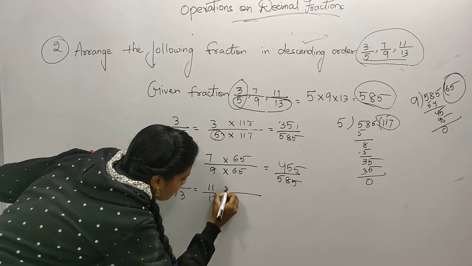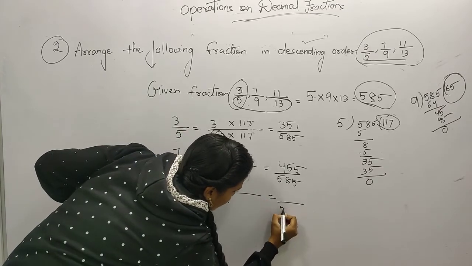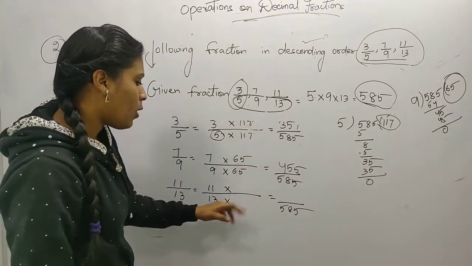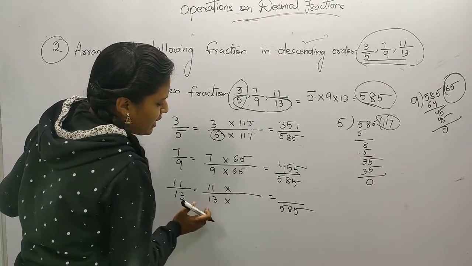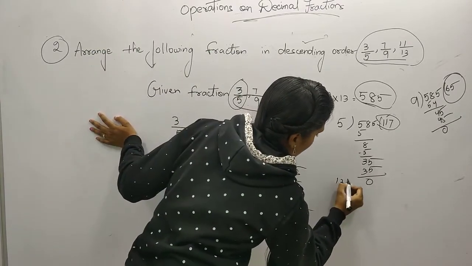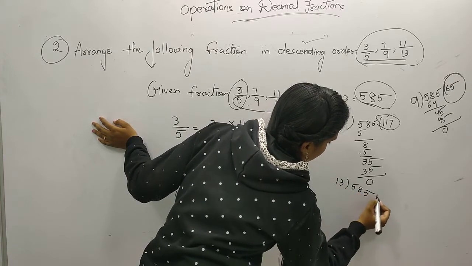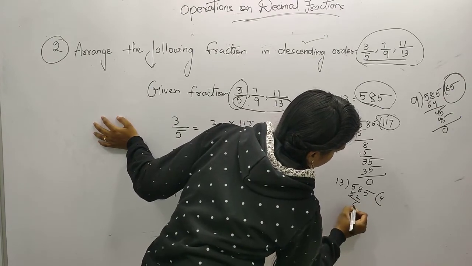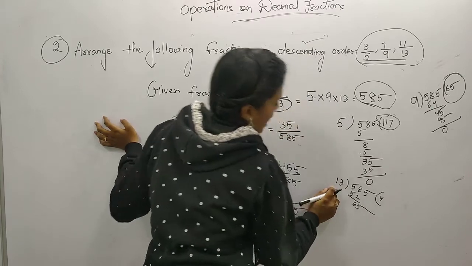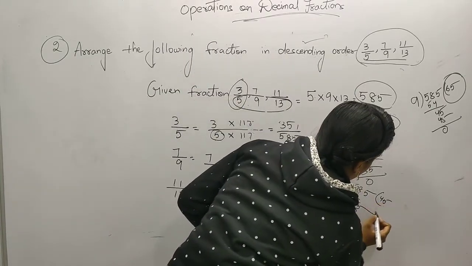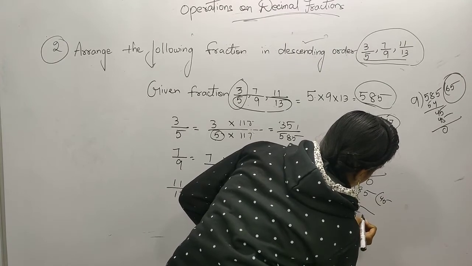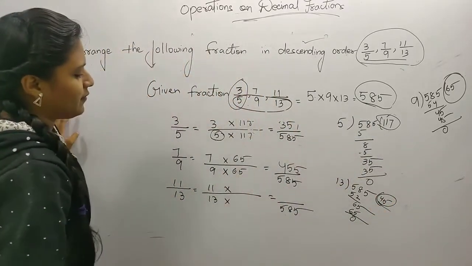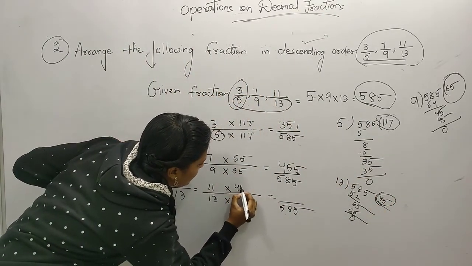You must get the denominator 585. 585 divided by 13, how much will you get? 13 into 5 is 65. 0. How much value did we get here? 45.